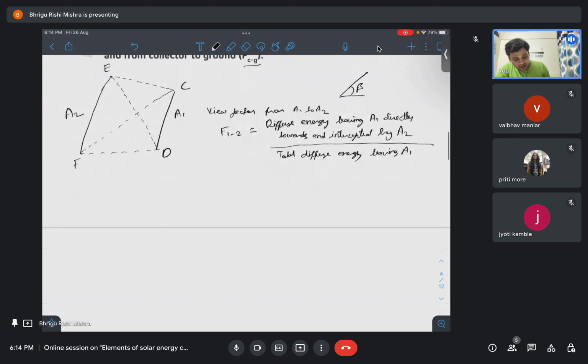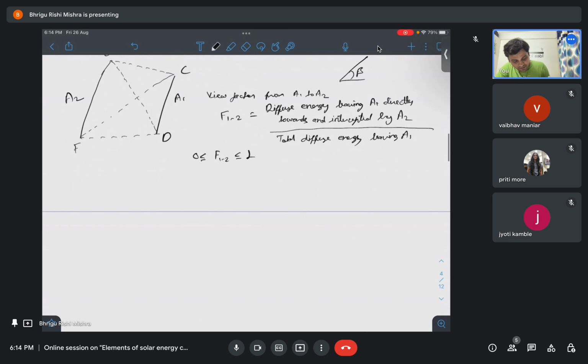Okay, so for any surface, the view factor is 0 less than or equal to F12 less than or equal to 1. So its value ranges from 0 to 1. It cannot be negative and it cannot be greater than 1.